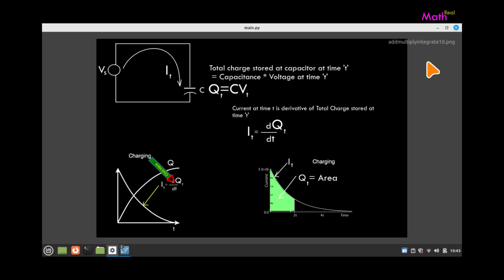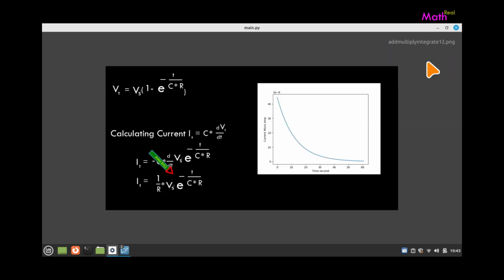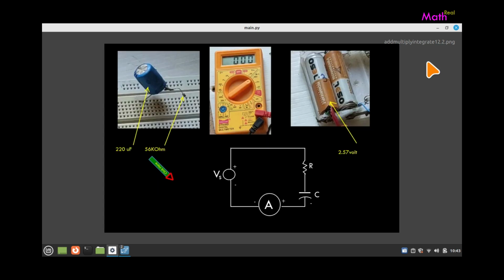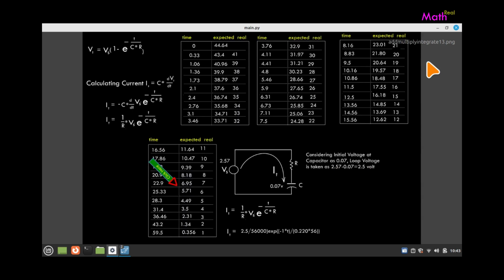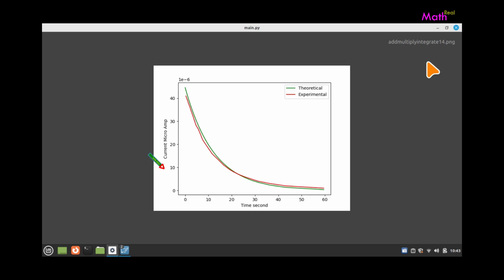Now we go to lab section, and if we know the charge, then we calculate the current theoretically, and that theoretical current we verify through the practical, and then we see the readings, and finally we see through a Python code that the reading corroborates it. It matches our expectation.